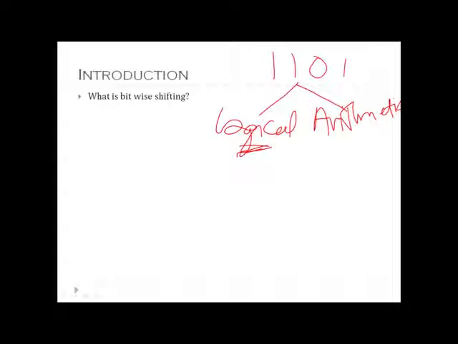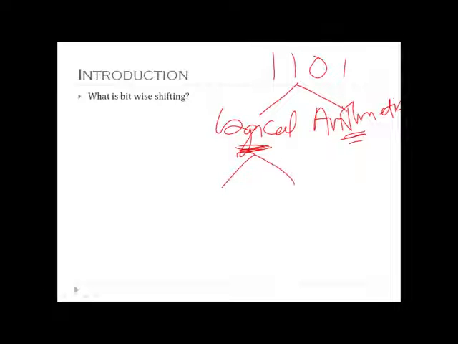If you shift left, then you append 0 on the right. If you shift right, then you append 0 on the left. In arithmetic shift, when you shift a bit, you copy the leftmost or the rightmost bit instead of appending 0. You will see this with an example, but at this point you should know there are two types of shift operation: logical and arithmetic.